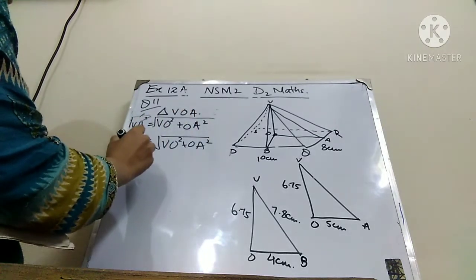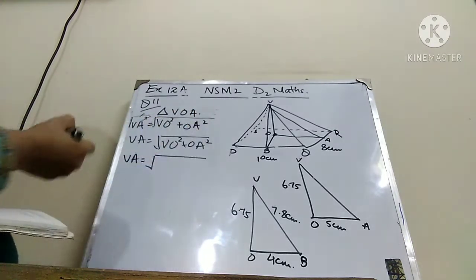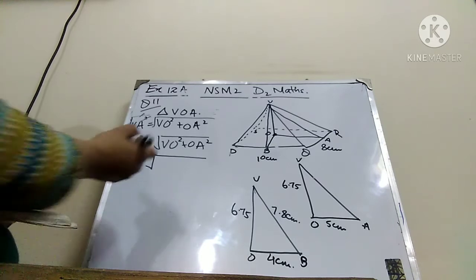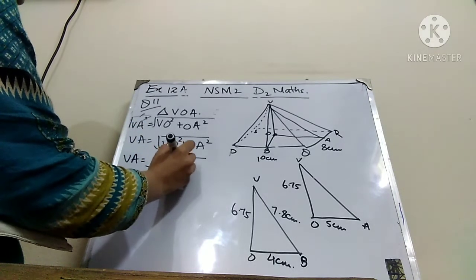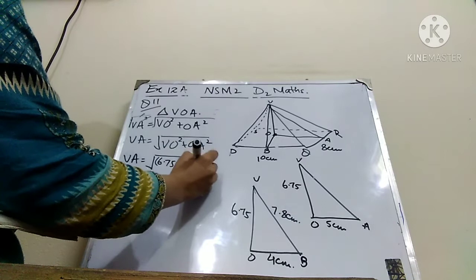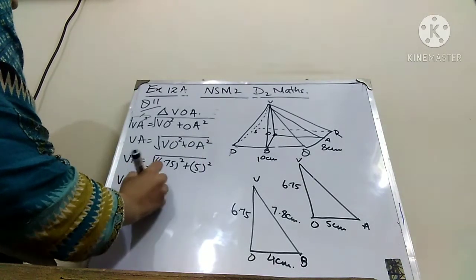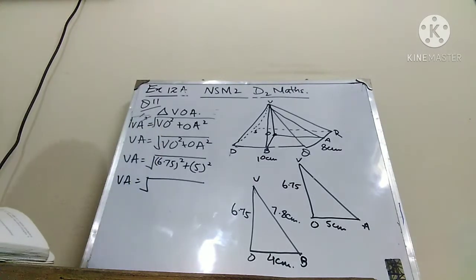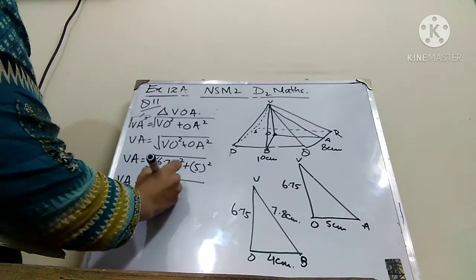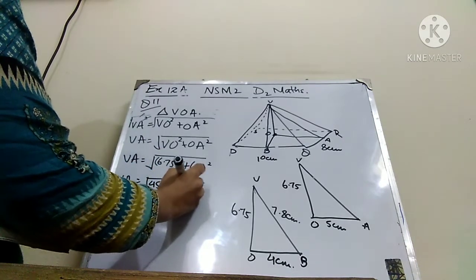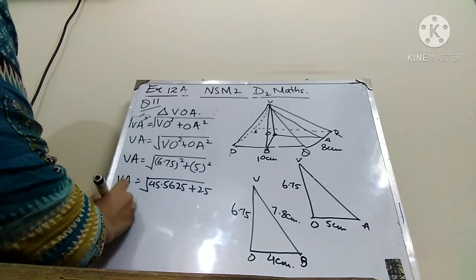Now I am going to put in the values. Square root of VO square, so VO is 6.75, and OA is 5. So when I take the square of 6.75, I will get 45.5625, plus 5 fives are 25.